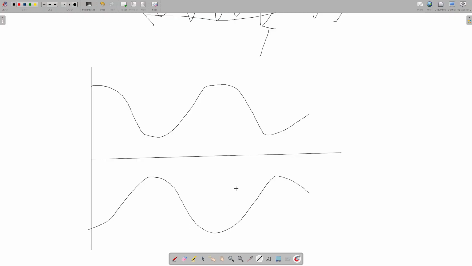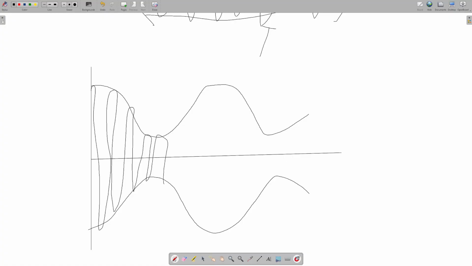So the carrier signal usually comes inside the message signal. As I told, the amplitude of the carrier signal is changed according to the instantaneous value of the message signal. Okay, so this is basically amplitude modulation.